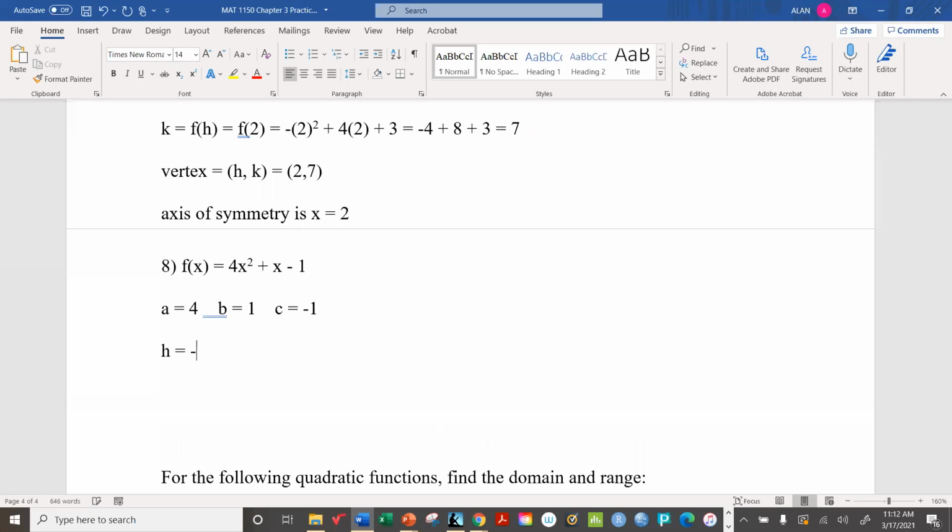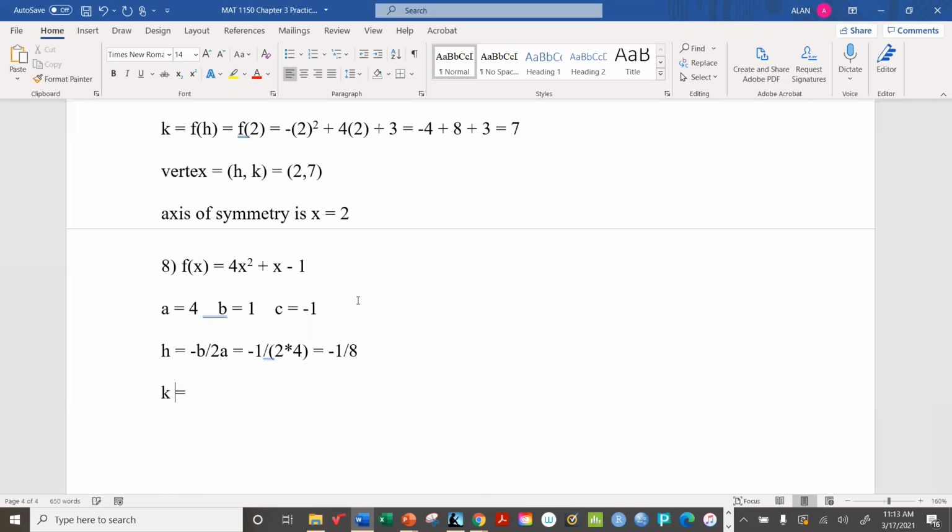All right, so H is -1/8. K is f of H equals f of -1/8, which is 4 times -1/8 to the second power, plus -1/8 minus 1.